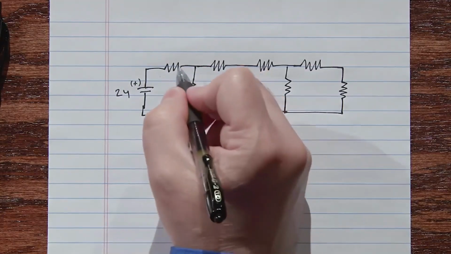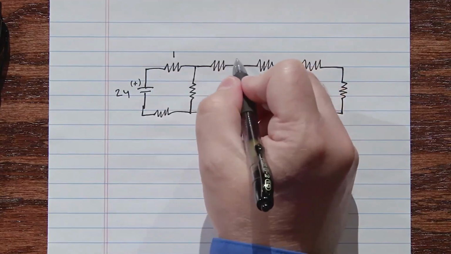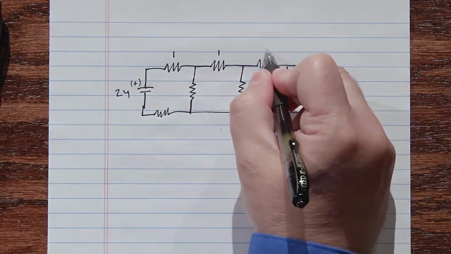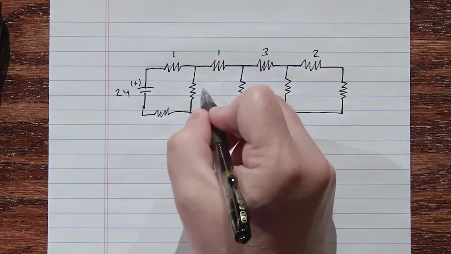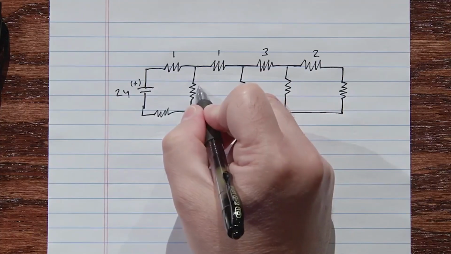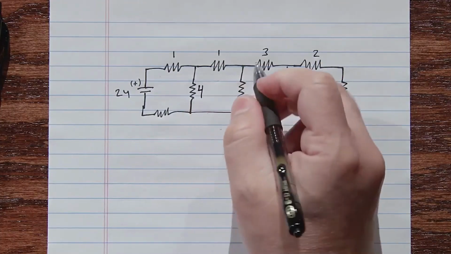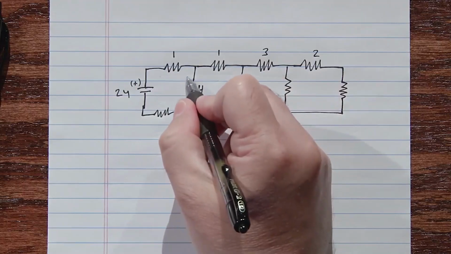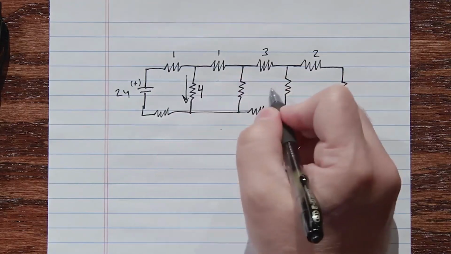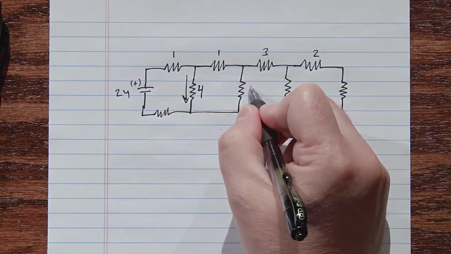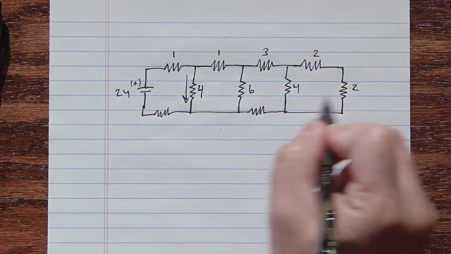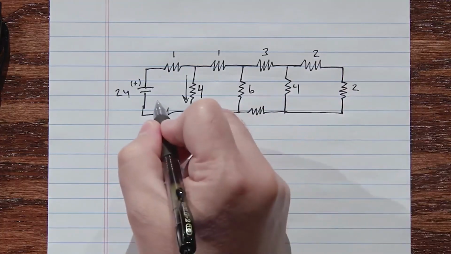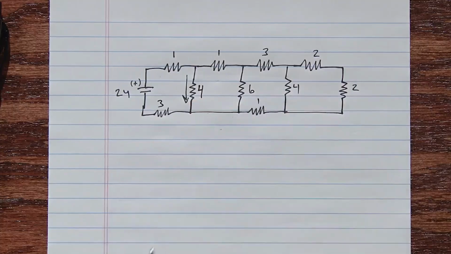Okay, and let's see. This is 1 ohm, 1 ohm, 3 ohms, 2 ohms, 4 ohms, and this is the current that we're interested in. 4 ohms, 6 ohms, 4 ohms, 2 ohms, and 3 ohms, and 1 ohm.